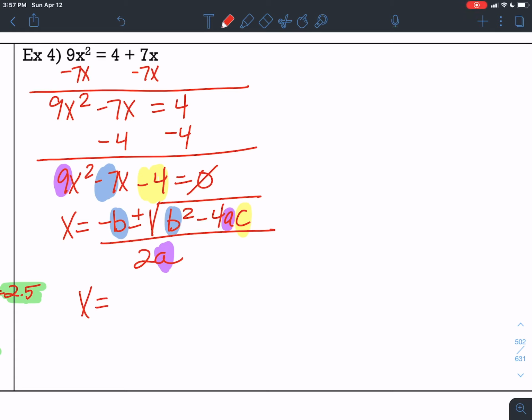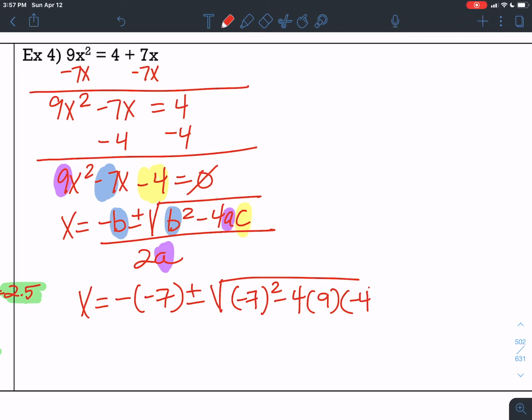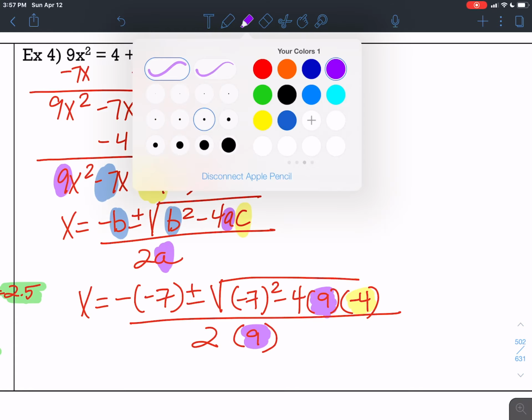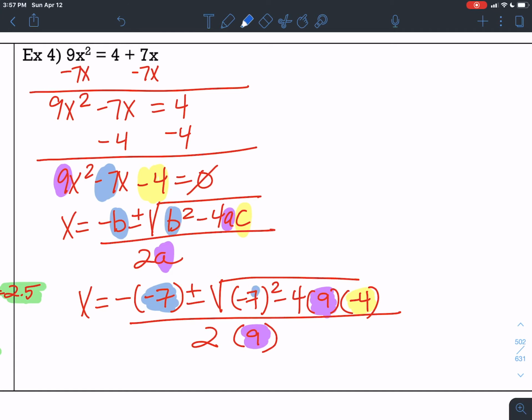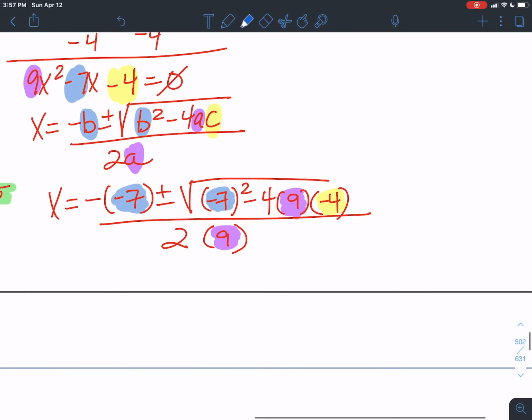So x equals negative 7 plus or minus negative 7 squared minus 4 times A times C, all divided by 2 times A. Again, here was my C, here was my A, and my B. Let's start simplifying.